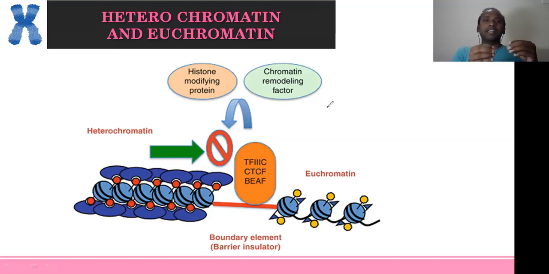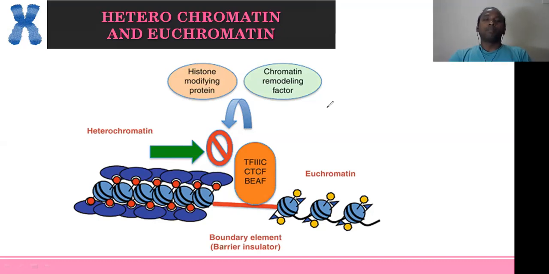Whenever the cell demands, the genes present in this particular heterochromatin portion have to be expressed, so it has to be converted into euchromatin. Then, if the job is done by this particular portion, again it will be converted back to heterochromatin. This is like vice versa. So heterochromatin will be converted into euchromatin, and euchromatin will be converted into heterochromatin.